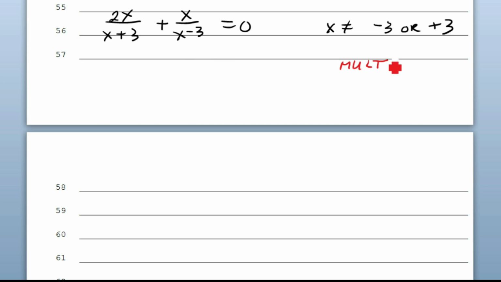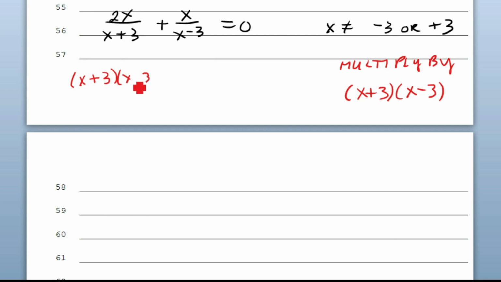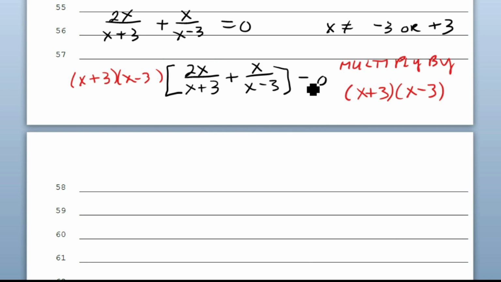Here we would multiply by, you can probably guess, x plus 3 times x minus 3, both sides. Anything multiplied on this side is going to be 0, so you just have the left-hand side to worry about. So you've got x plus 3, x minus 3 times what's left. Everything else stays the same. 2x over x plus 3 plus x over x minus 3 equals 0.